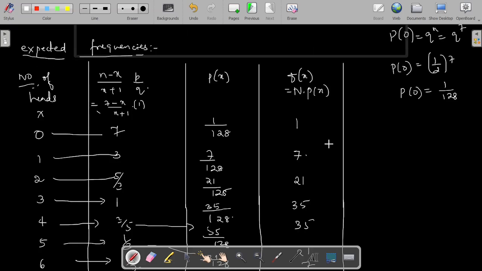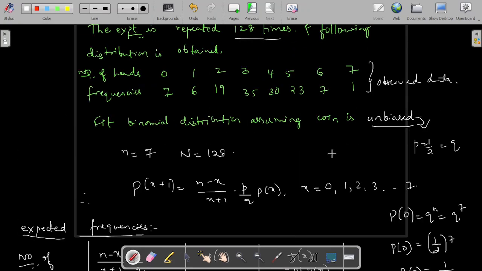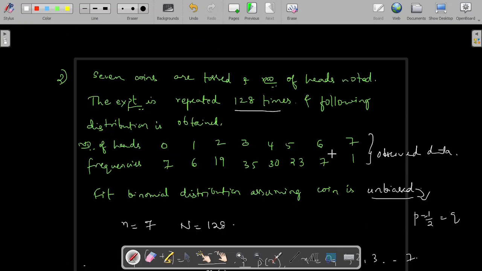So this is how we fit the binomial distribution, to get the expected or theoretical frequencies of the given random experiment. What kind of random experiment is this? A random experiment is repeating n Bernoulli trials n times. That is how we define that random experiment. For such a random experiment, we fit the binomial distribution.